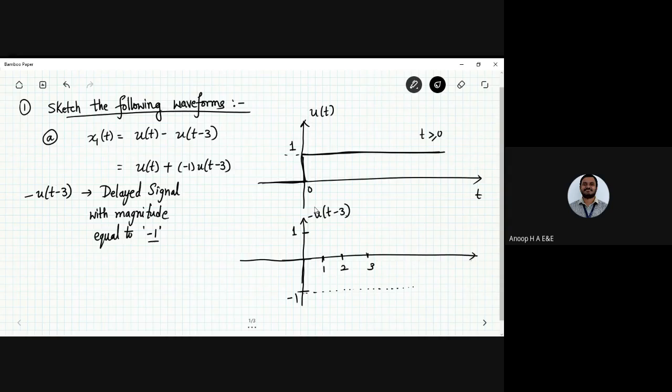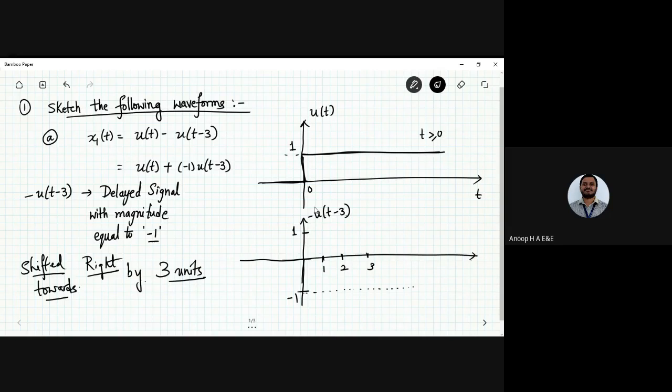Now u of t minus 3, I told you, is a delayed signal. It is shifted towards the right by 3 units.